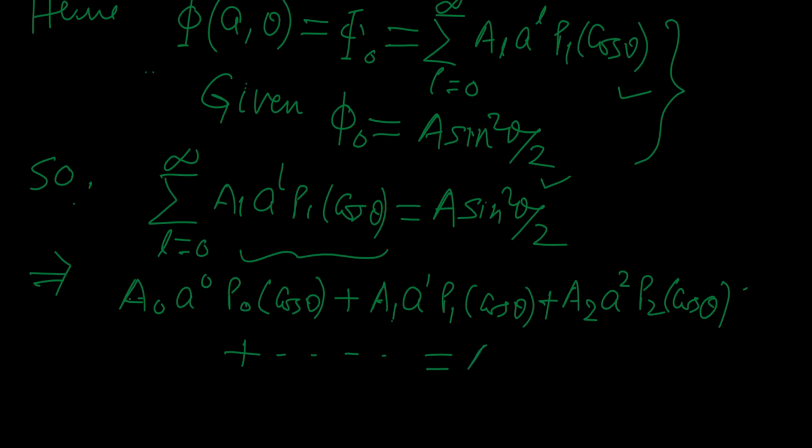From trigonometry we know sine square theta by 2 is simply 1 minus cos theta divided by 2. This is a simple formula which you have seen in trigonometry.